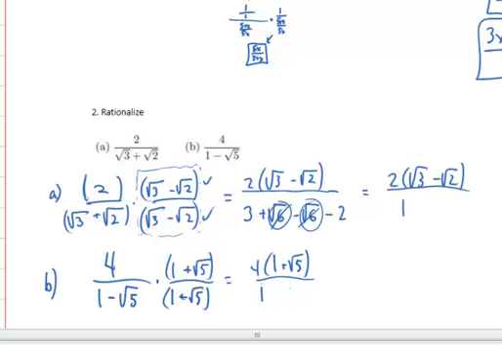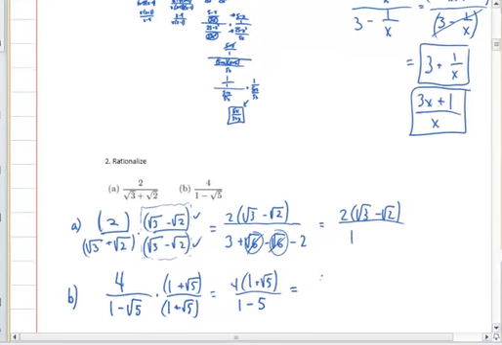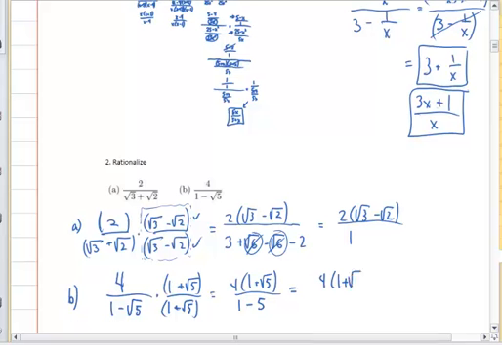The outer and the inner will cancel, so I'm getting minus 5 when I multiply the last by the last. And that's going to give me 4 times 1 plus root 5 over negative 4. Final answer, negative 1, because the 4 and the negative 4 cancel, times 1 plus root 5, or your answer could be negative 1 minus root 5.